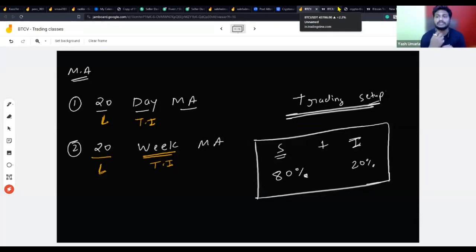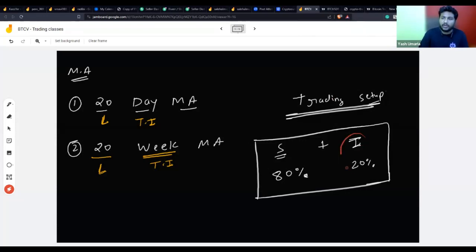Indicators are not strategy. You should never buy or sell based on an indicator. A moving average is an indicator, MACD is an indicator, RSI is an indicator. All these things are indicators.